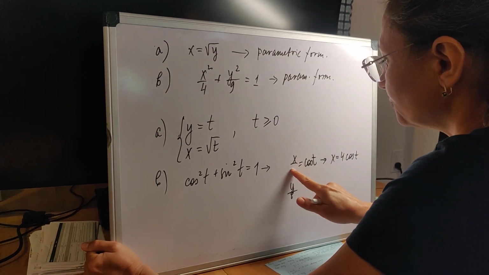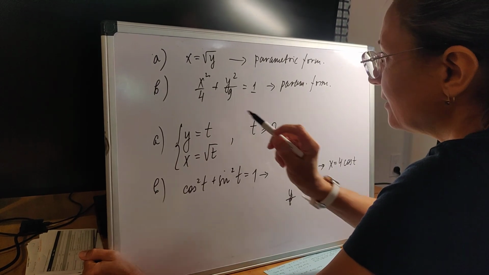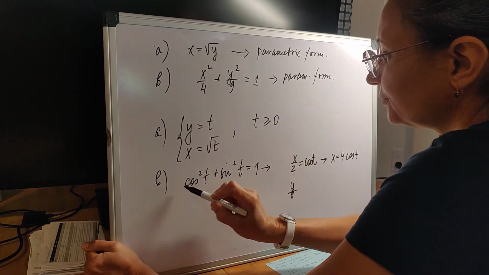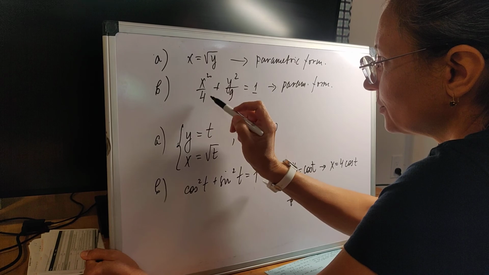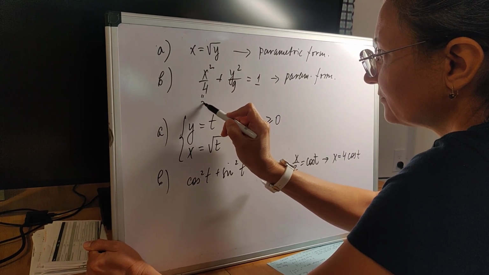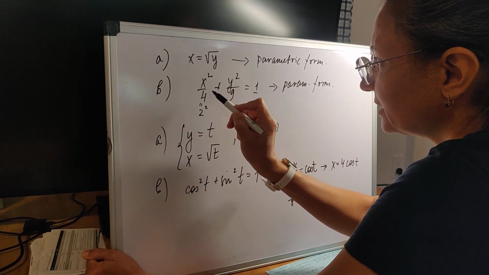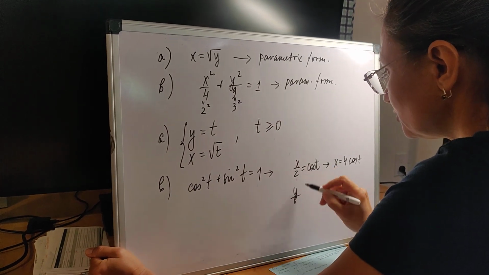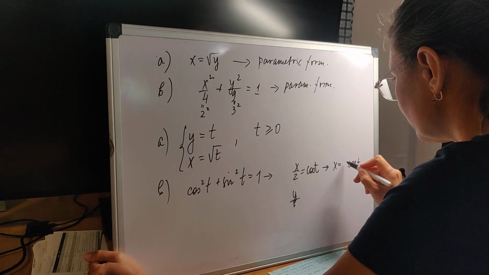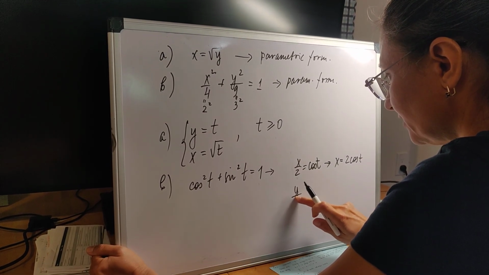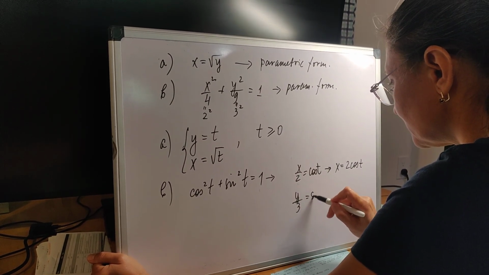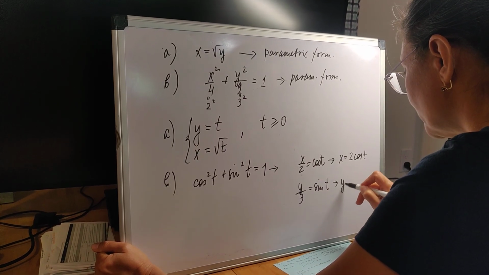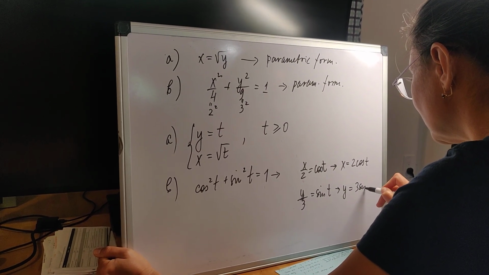It's supposed to be over 2. Well, I want to do cosine squared here, right? So actually I'm supposed to write it down as a square of something here and a square of something here. It means that they're going to be x over 2, not x over 4. Also y over 3 equals sine of t, from where y equals 3 sine of t.